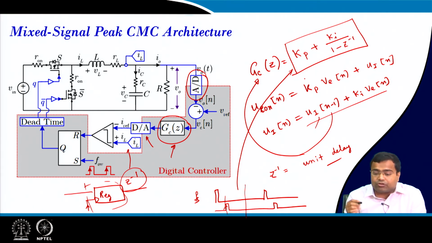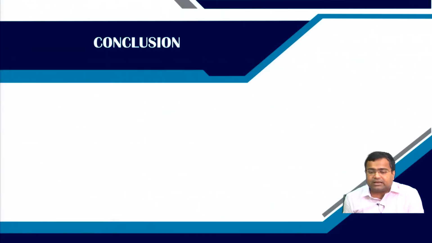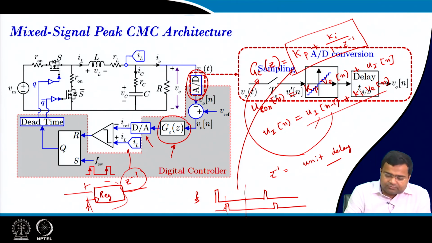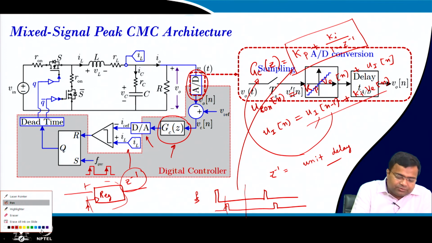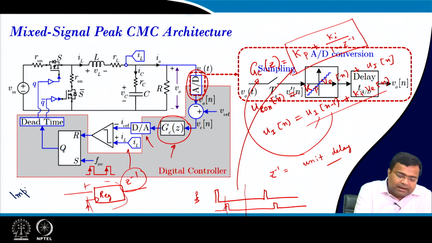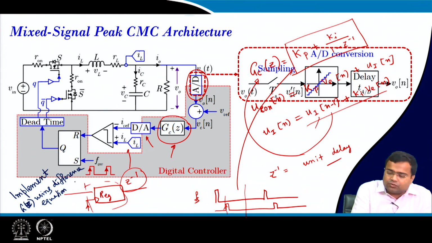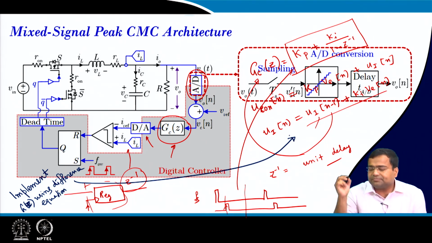So, we need to go for something called a difference equation based implementation. That means finally we need to implement this transfer function using a difference equation. How is it done? One example I have shown here.